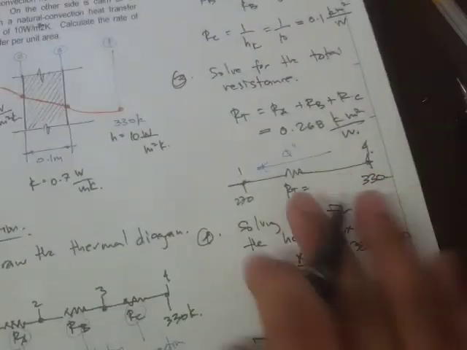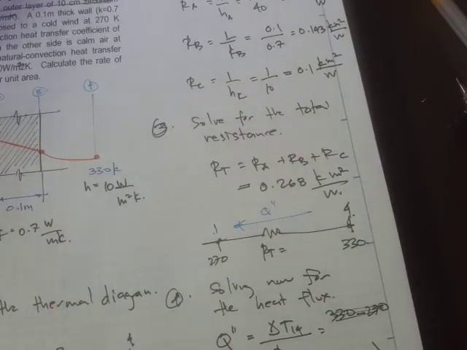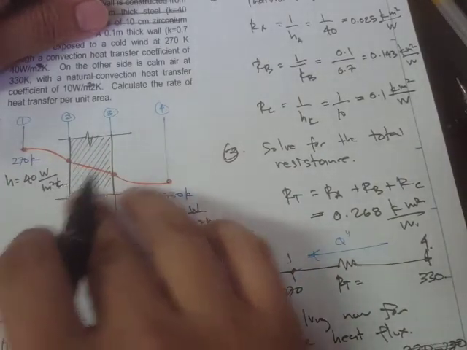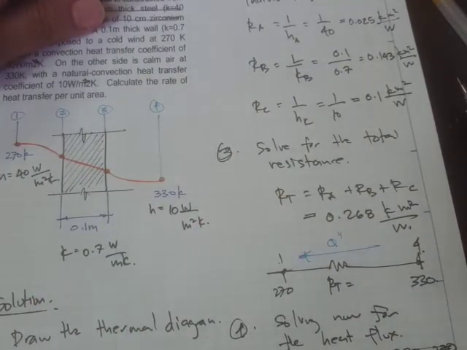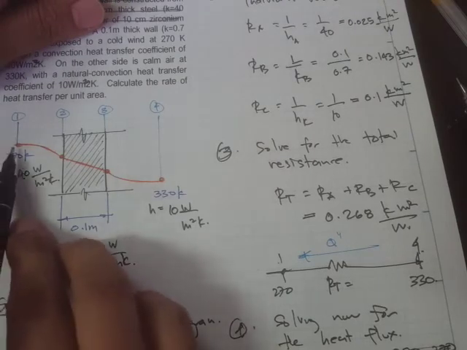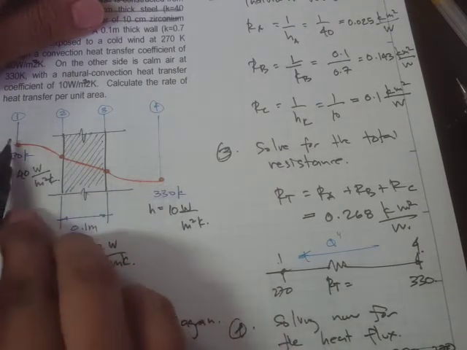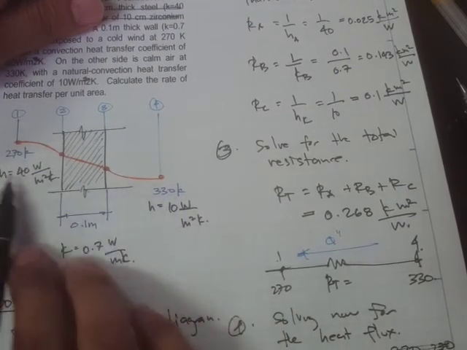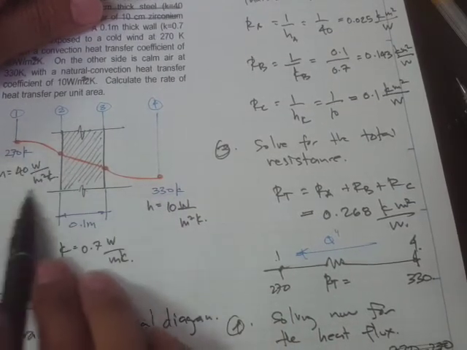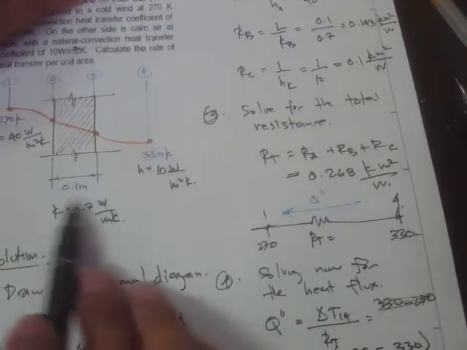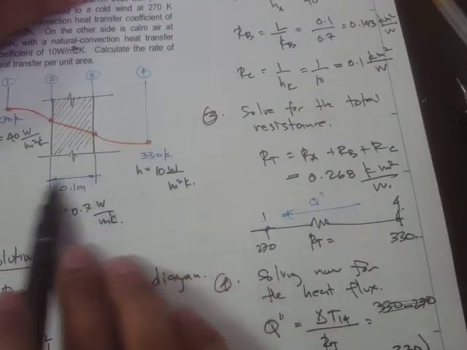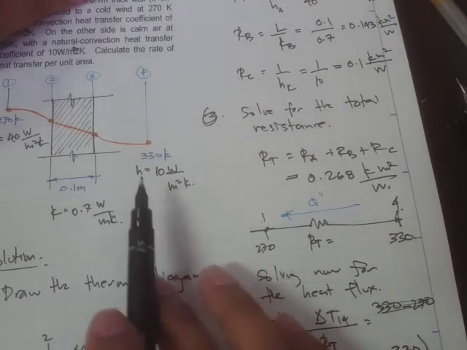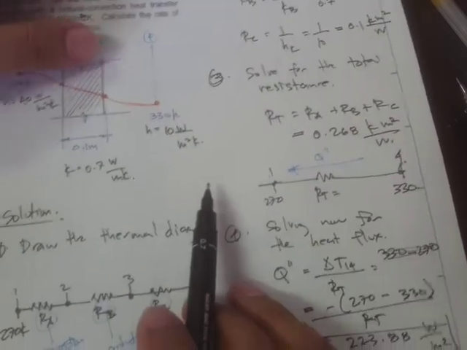Okay, so if we do a recap on what we did, here's our problem, and it's a combined convection, conduction, and another convection right here. Since we have these values for the temperature at points 1 and 4, and we have the heat transfer coefficient as well as the thermal conductivity, the material, and the thickness, and right here we also have the heat transfer coefficient, therefore you can actually solve for the resistances.